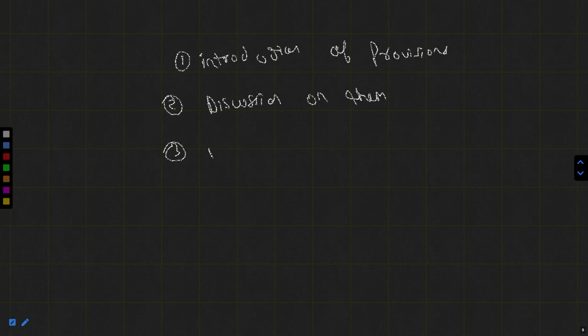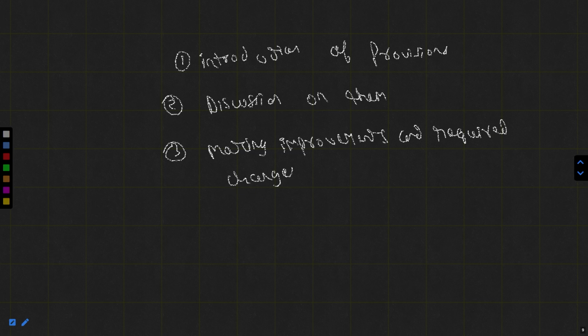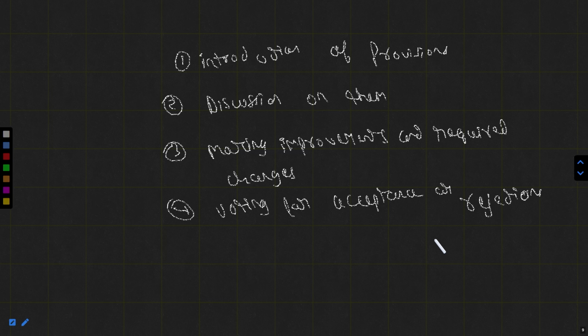Third is making improvements and required changes. Fourth is voting for acceptance or rejection. So these were the 4 steps which are very similar to today's.